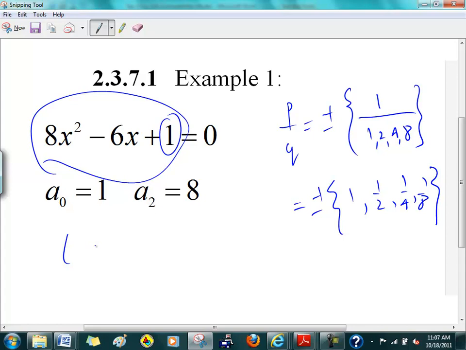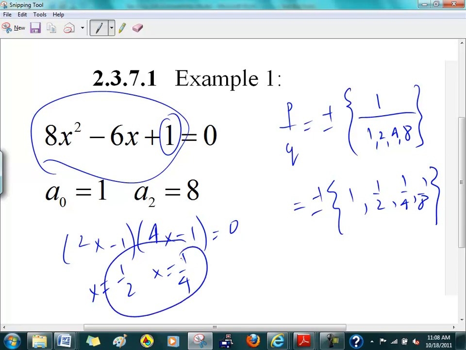No, give me factors first. 4x minus, and now if you were to solve it, you'd get 1/4. Those are exactly the numbers the rational root theorem is predicting.